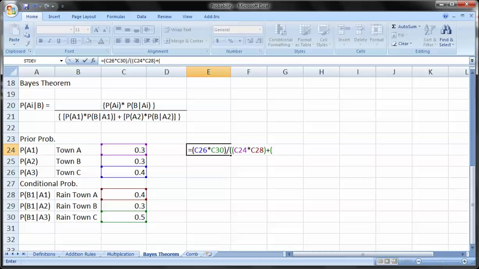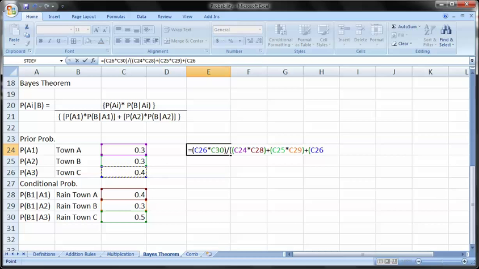Now I'm going to be looking at the B group. So town B, or A2, times the probability of B1 given A2, plus parenthesis. Now it's back to our C group, and you have to include this with this bottom set of numbers. Even though we have it up here, it needs to be repeated or else you're going to get a wrong answer.